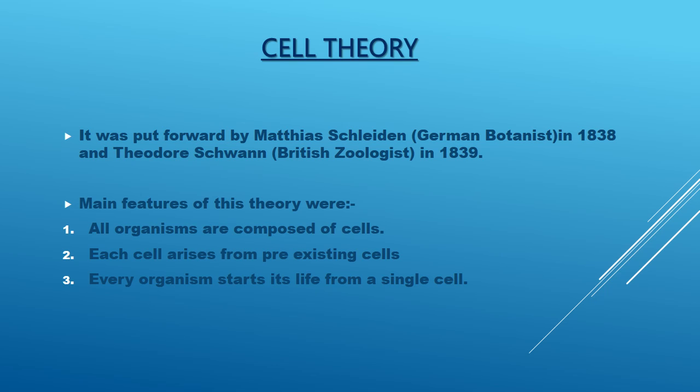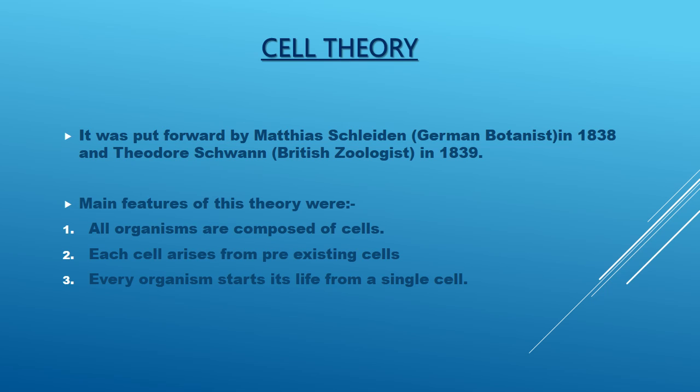So, Matthias Schleiden, a botanist from Germany, and Theodor Schwann, a zoologist from Britain, in the years 1838 and 1839 respectively, and independently, put forward the cell theory, which illustrated what the main functions of a cell were.